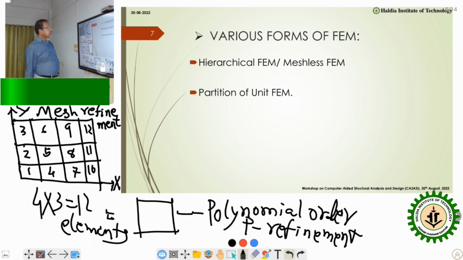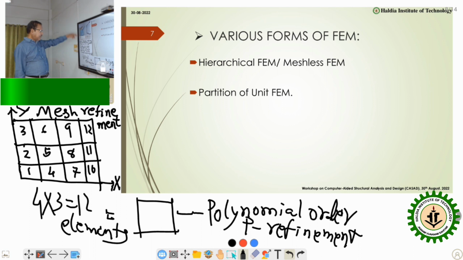The purpose of these things is that suppose initially we take 2 into 2, two divisions along x and two divisions along y, meaning 4 elements, we may not get the exact result. But as we have written in the first slide, with gradual refinement of the mesh, if we increase the number of divisions in the x and y directions, then gradually we can reach the exact solution.